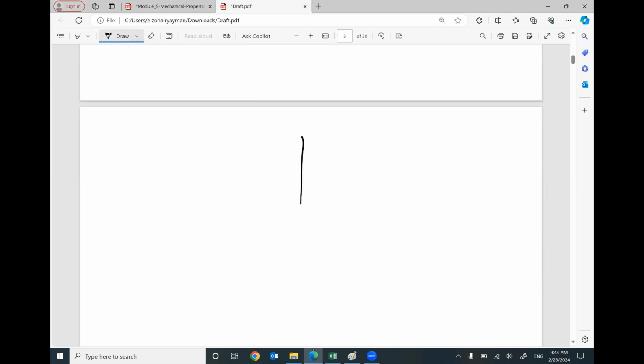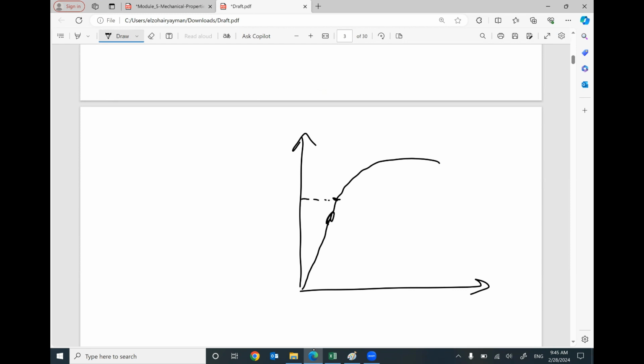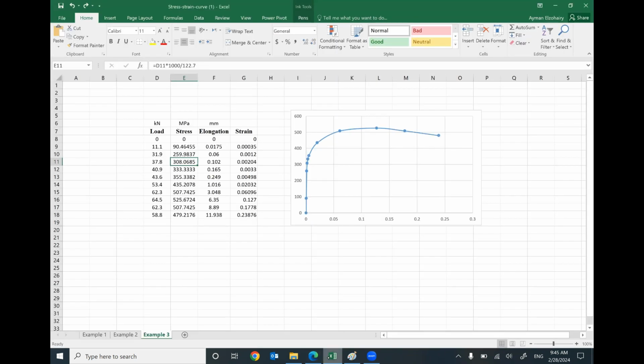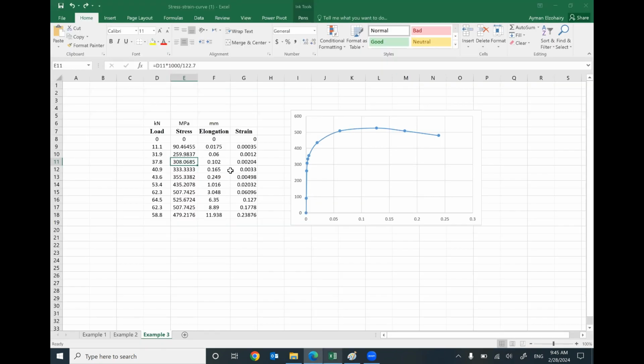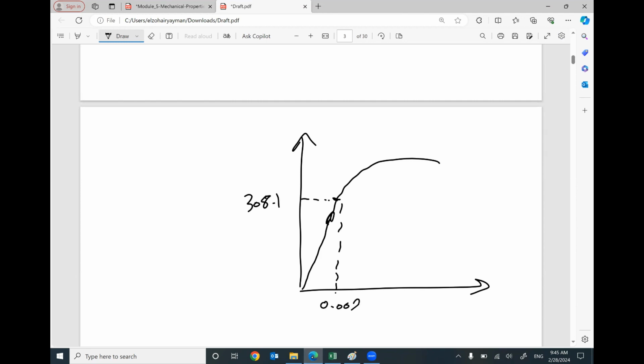I will zoom in. So the linear relationship ended at a value of stress equal to 308.1 approximately, and the corresponding strain was 0.00204. So the area under this linear relationship will represent the modulus of resilience.